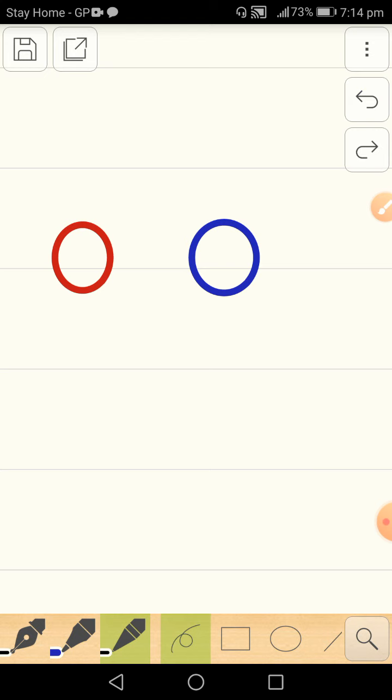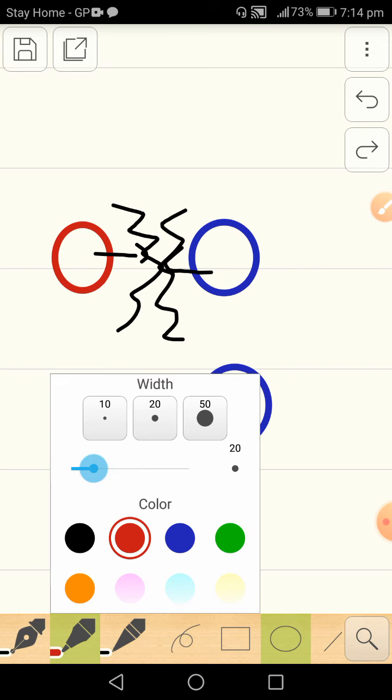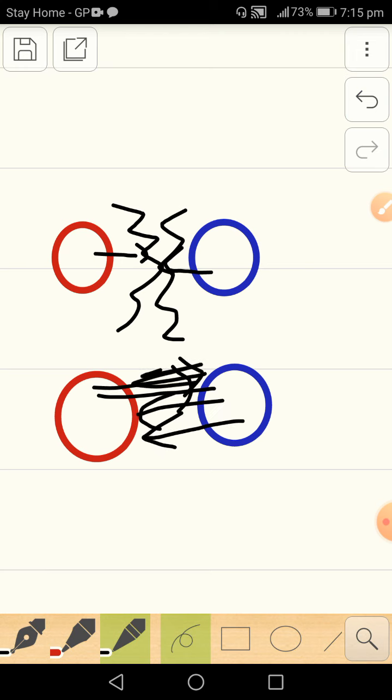Then the collision between them would not be that violent or may not cause a reaction because they are moving quite slowly. But if the particles move very fast, then the collision between them will be extremely strong and they would react.